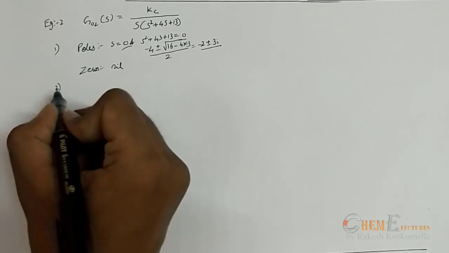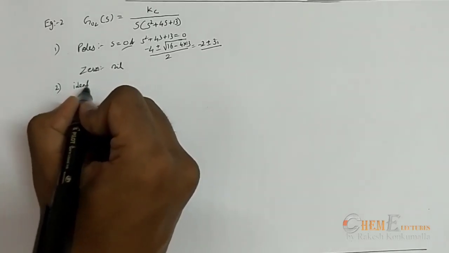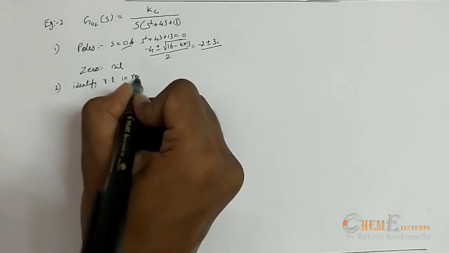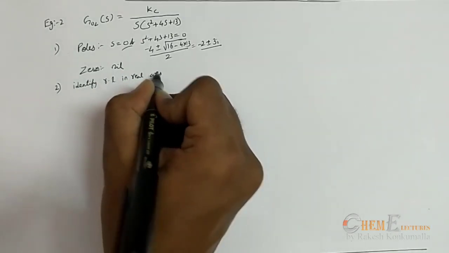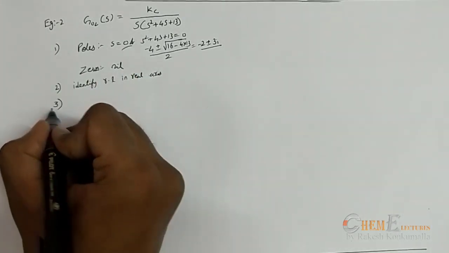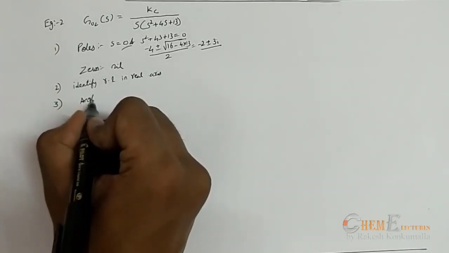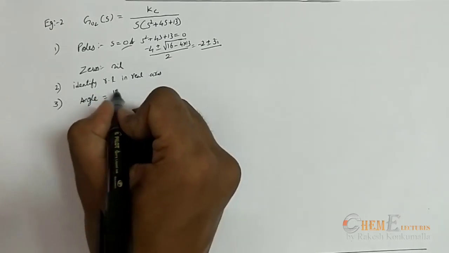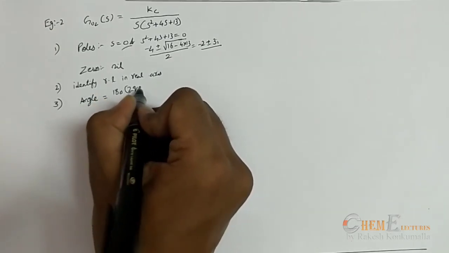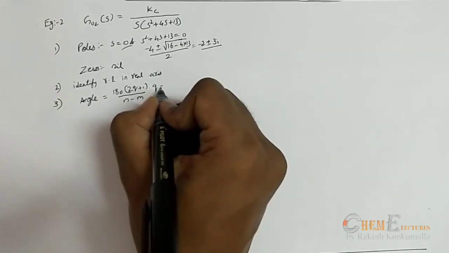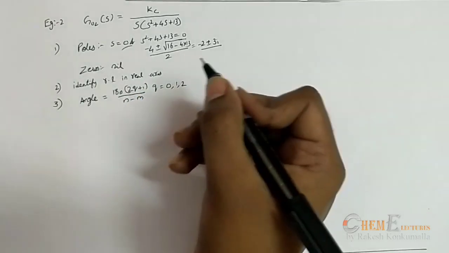Now my second step is to identify the root loci on the real axis. That I will show you. Then coming to the third step, I need to find the angle of asymptote. That will be 180 into (2q plus 1) by (n minus m), where q is equal to 0, 1 and 2.